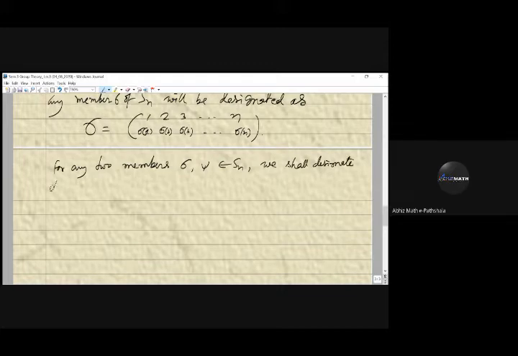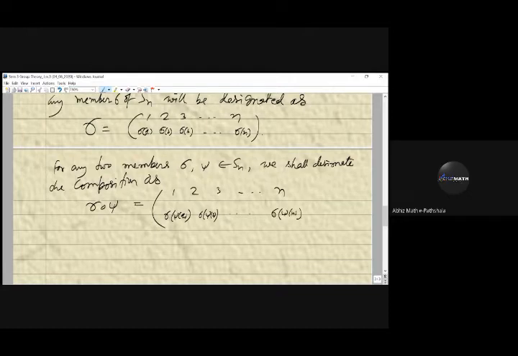That means for any two members sigma, psi belonging to Sn, we shall designate the composition sigma compose psi as 1, 2, 3, ..., n, and below it sigma of psi 1, sigma of psi 2, ..., sigma of psi n, like that.